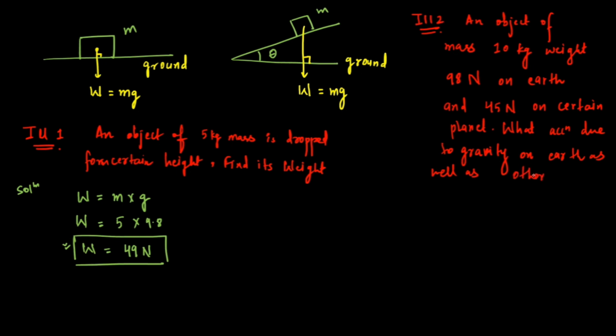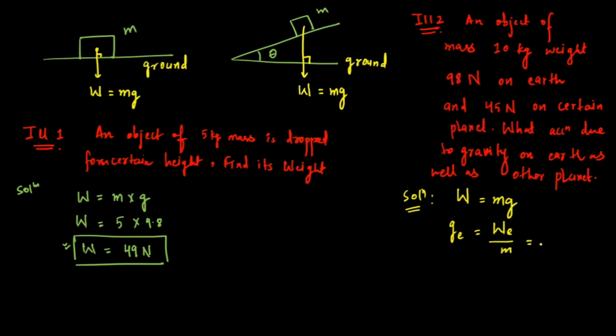It's not that they always ask about weight. They can also ask about different things. So how can we find acceleration on Earth as well as on another planet? We know that weight is nothing but the product of mass and gravity. Acceleration due to gravity means we have to find g. So g on Earth is going to be weight on Earth divided by mass.